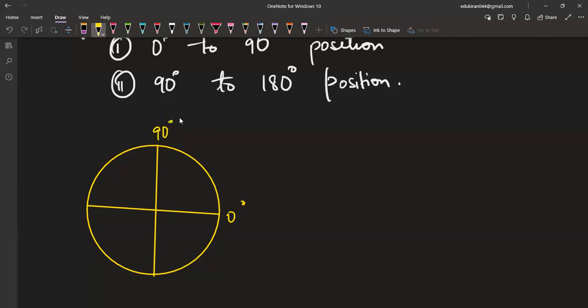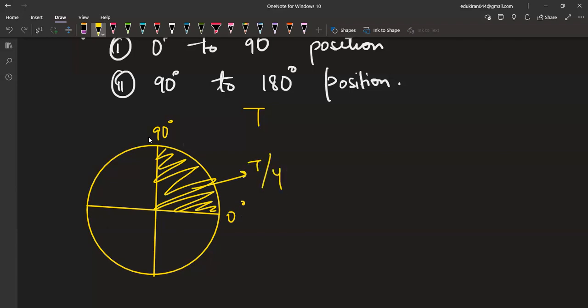So if complete time duration is t, we are just talking about 0 to 90 degree. It means this part. If total was t, this is just t by 4. That's it, what you have to remember.